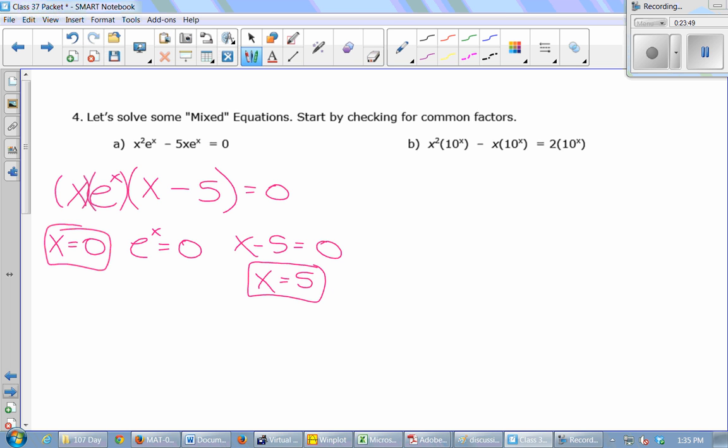When does e to the x equal 0? e is a constant, it's the number 2.7. So when x is 0, what is e to the 0? Anything to the 0 is 1.